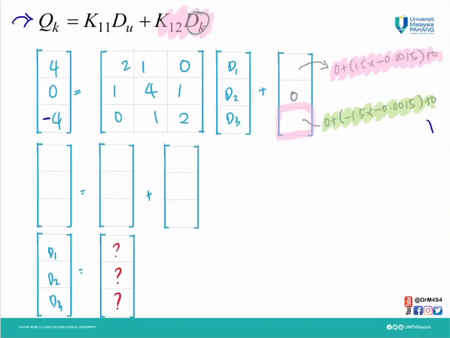So this is this value. And then it's possible for you to find D1, D2, and D3. D1 is your value over EI, D2 is your value over EI, and D3 is your value over EI. Don't forget to write EI in your answer.